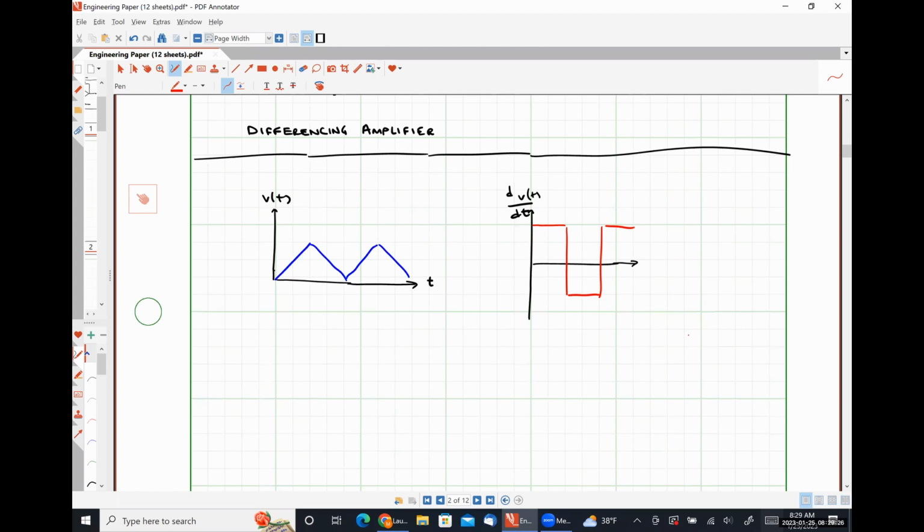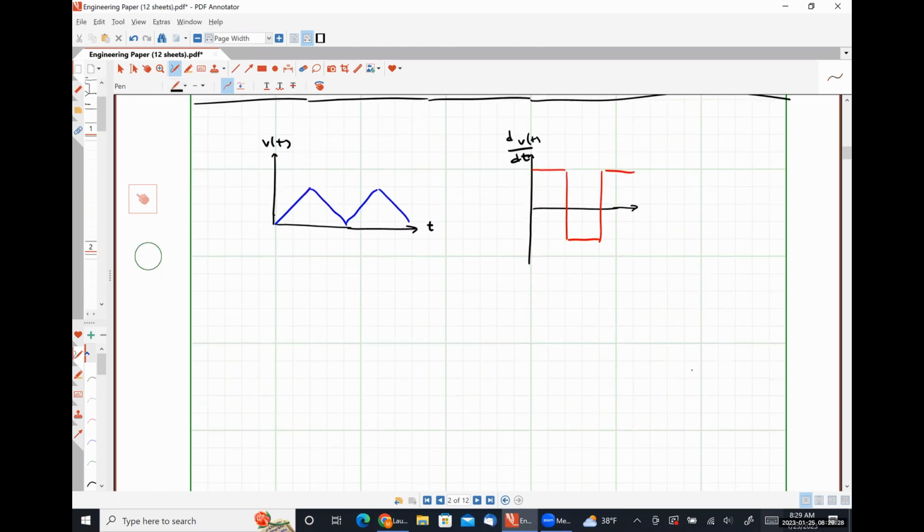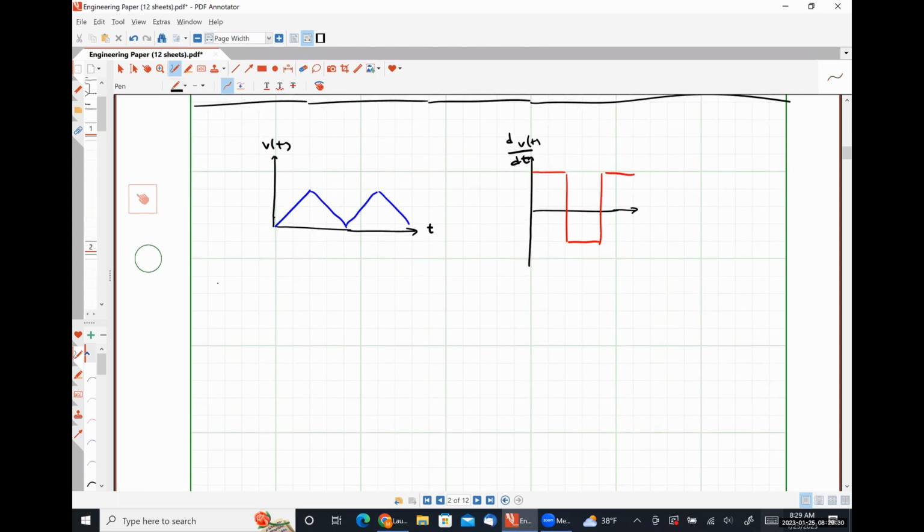So, all right, our fifth circuit is going to be this guy. So we start with our simple op amp.